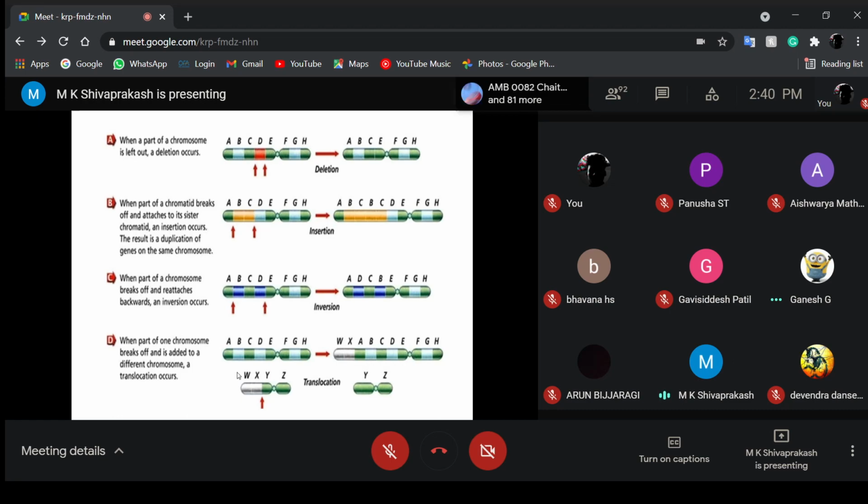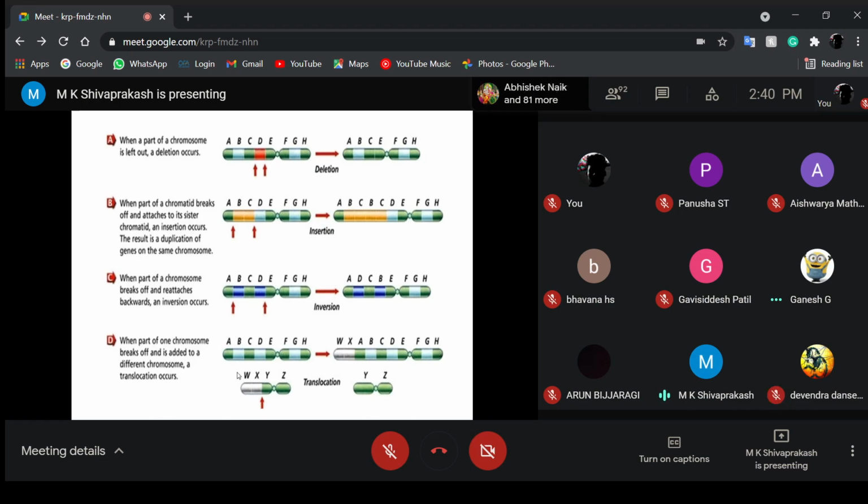That is inversion. So the continuity of the information is lost here, which means the function of these chromosomes is impaired.